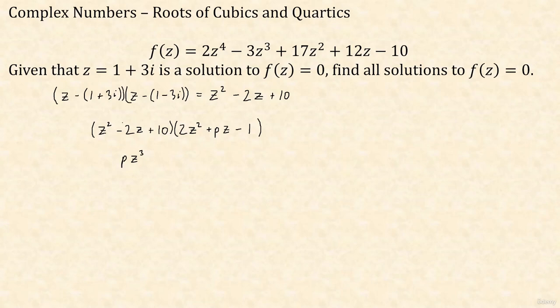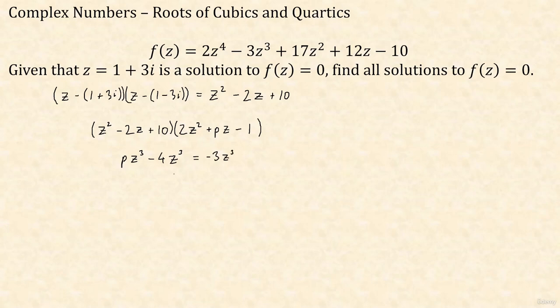And the other way I could get it is by doing minus 2z times 2z squared, so that's minus 4z cubed. And there are no more z cubes because if I multiply this 10 by anything in here, I don't get a cube. So the cubes I get when I expand this are pz cubed minus 4z cubed, and that must be equal to the number of z cubes here, which is minus 3z cubed.